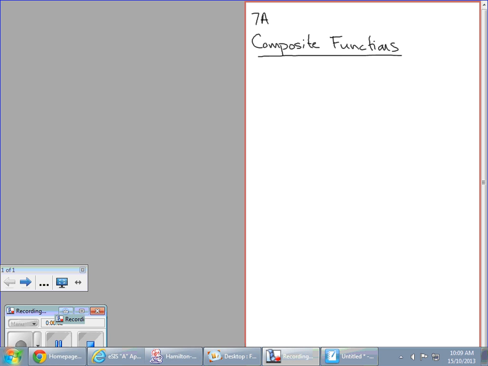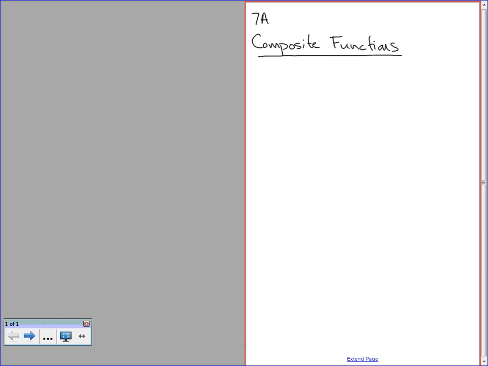So today we're going to be working with composite functions, which we've really worked with before, but now we're just going to explicitly define them. So we're going to be working with the composite of f and g.